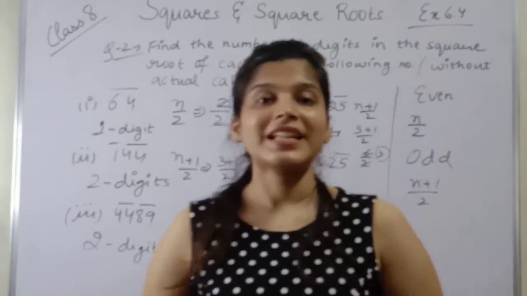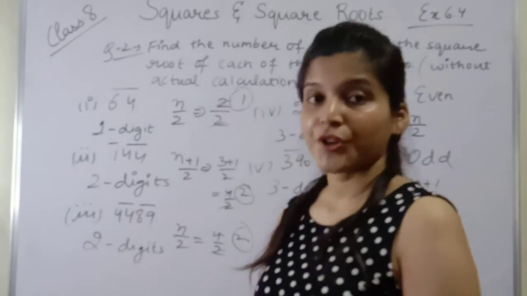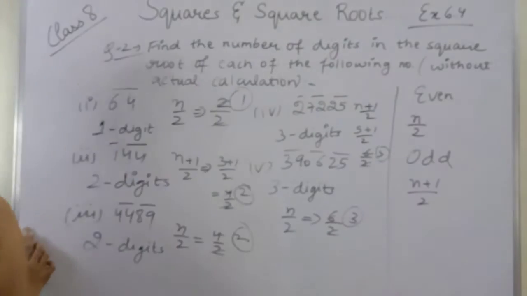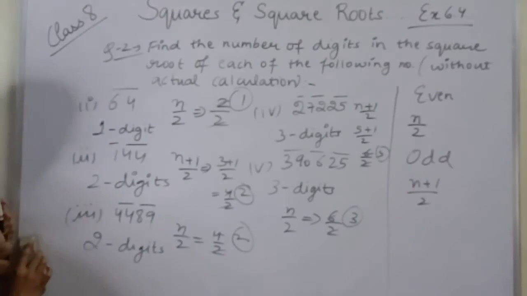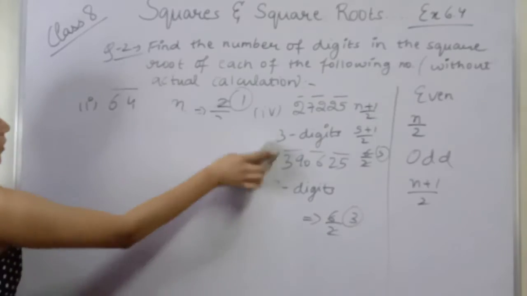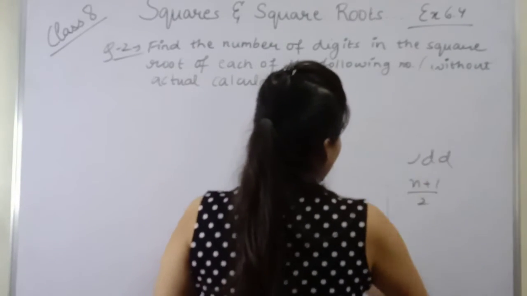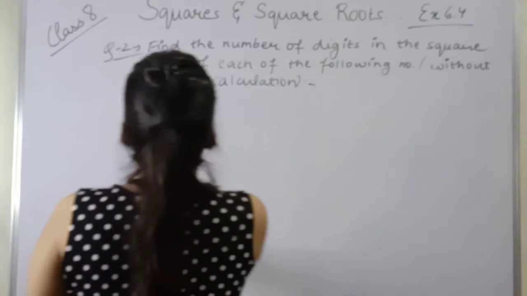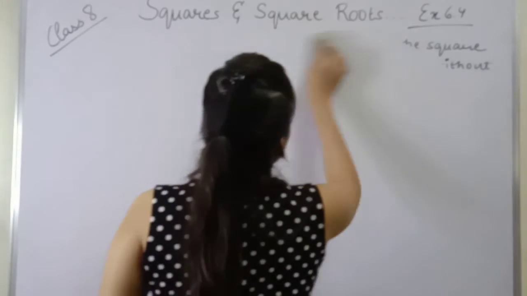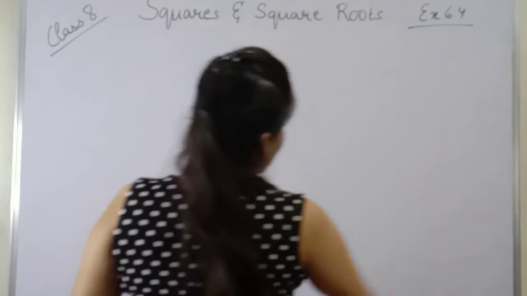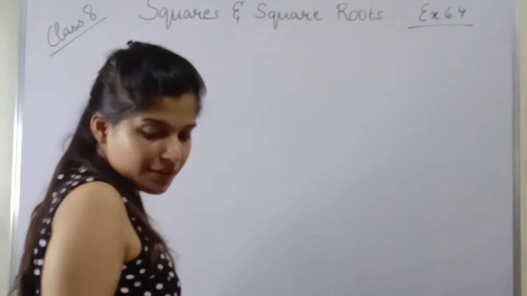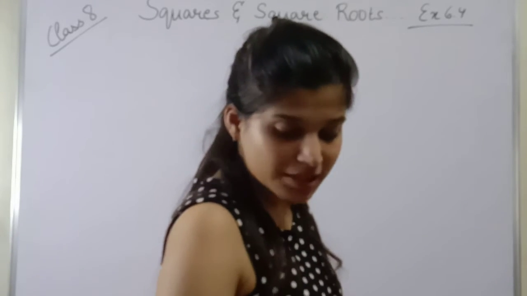Now children, let's come to the next question. Question number 3. Question number 3 is again find the square root of the following decimal numbers.